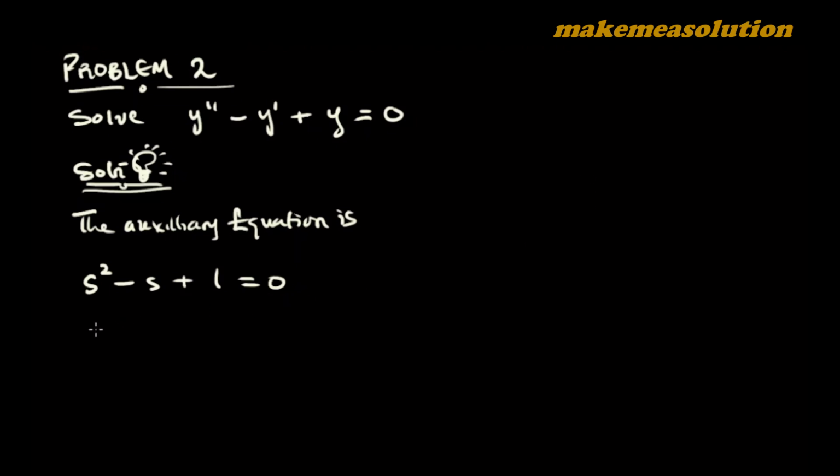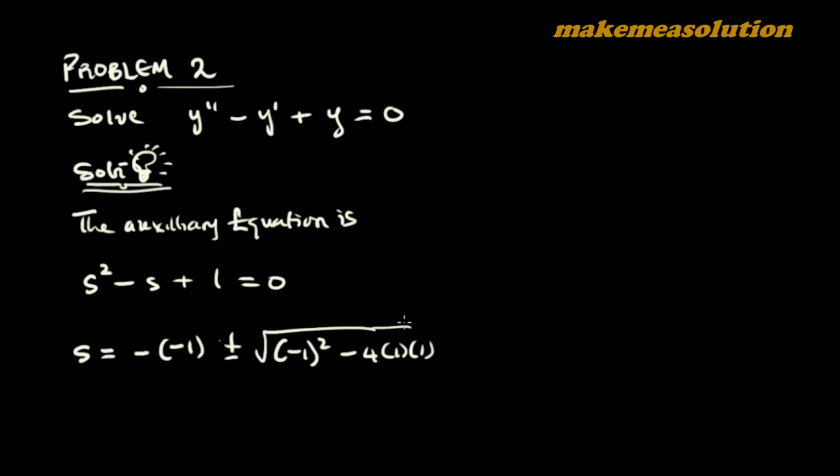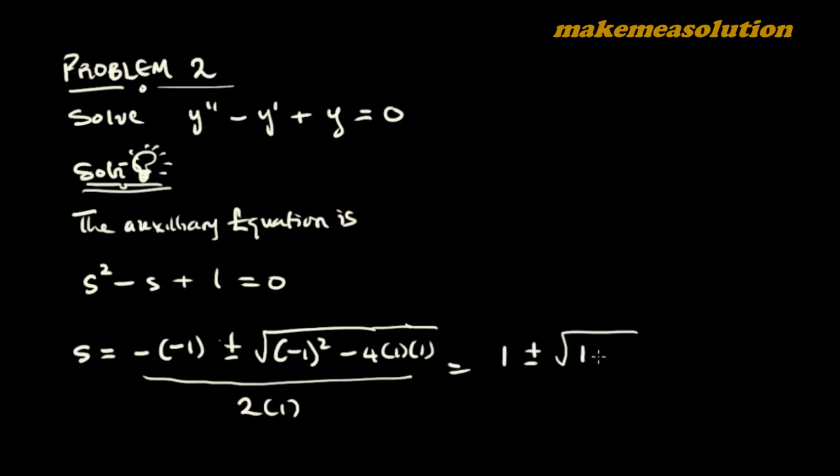When you solve this, you have s is equal to minus b, and b in this case is minus 1, plus or minus the square root of b squared, which is minus 1 squared, and minus 4ac, we have 1 times 1, over 2a, which is 2 times 1. So if we solve this, we'll have 1 plus or minus the square root of 1 minus 4 all over 2.